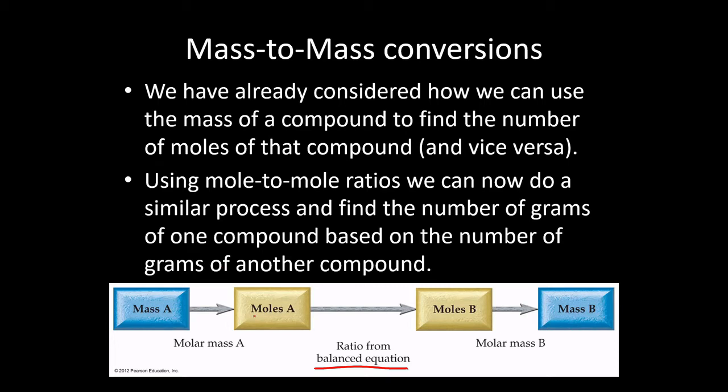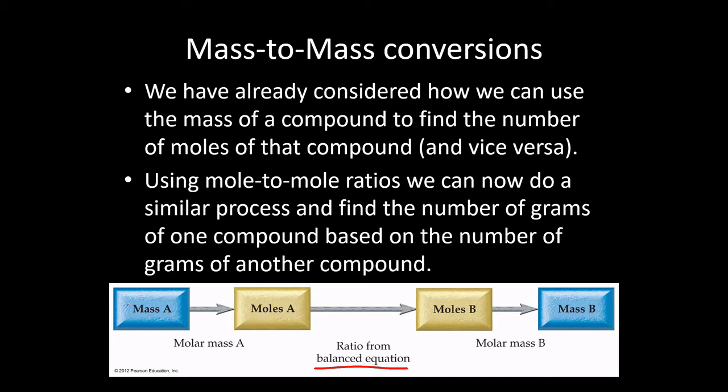To take that to the mass of something that is consumed or produced, it's really not anything new. This is something that we've done before in a previous chapter. We're just going to tack on to the beginning and the end of the process a mass to mole or moles to mass conversion.